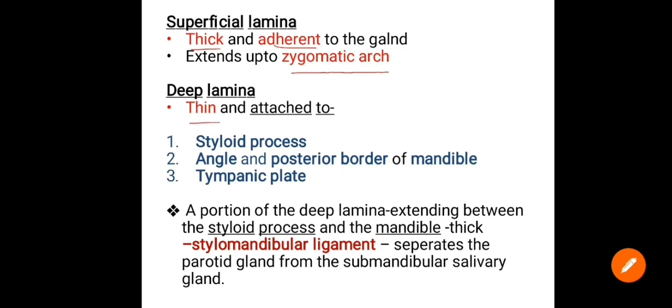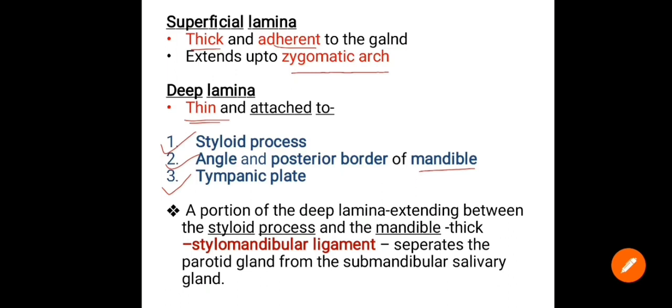It is just the opposite of the superficial lamina. The deep lamina is thin, and it is attached to the styloid process, the angle and posterior border of the mandible and to the tympanic plate.